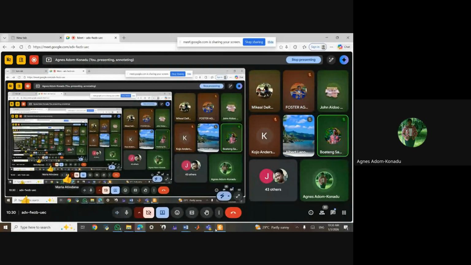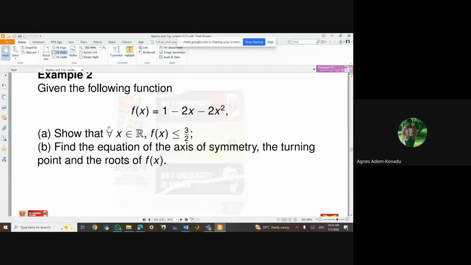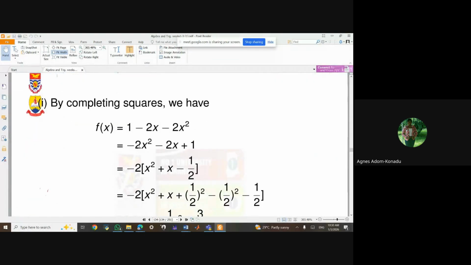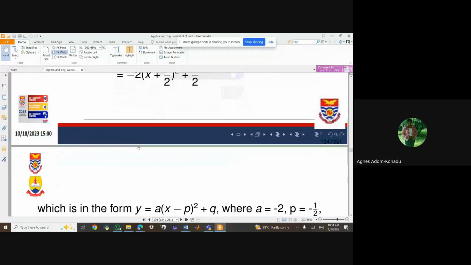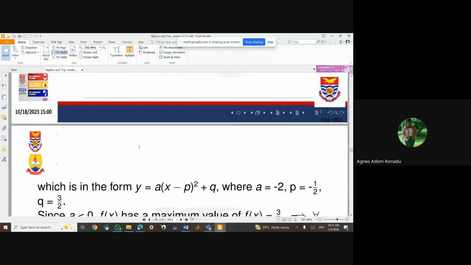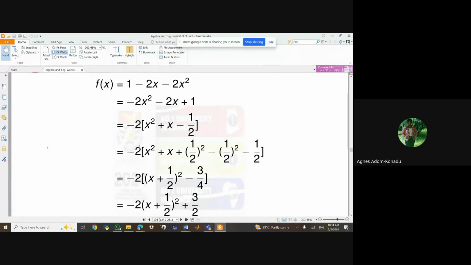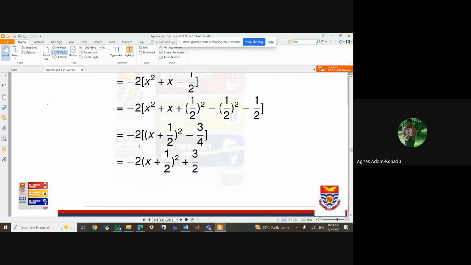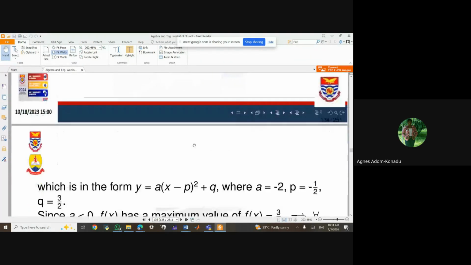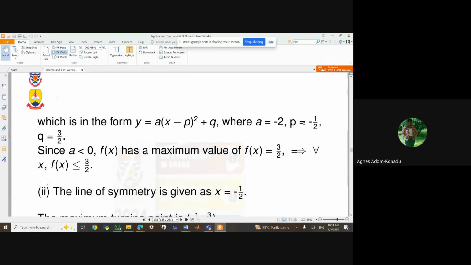So we want to continue. We're on this graph. Using completing the square, we got the graph. So we have this completed square, we're going to get this. My p is minus half, my q is 3 on 2, my a is minus 2.